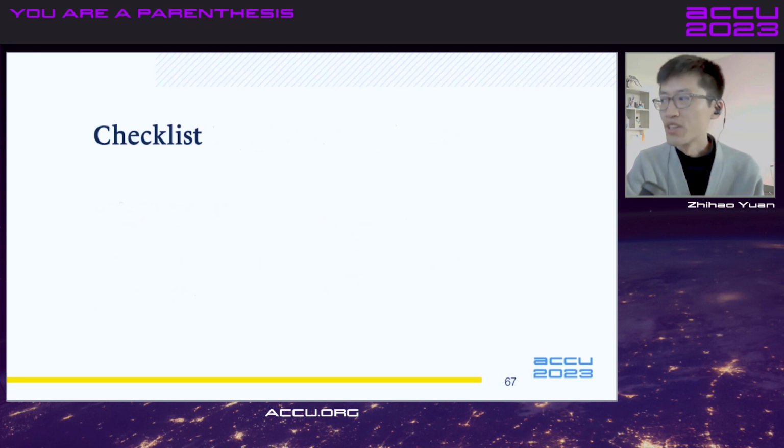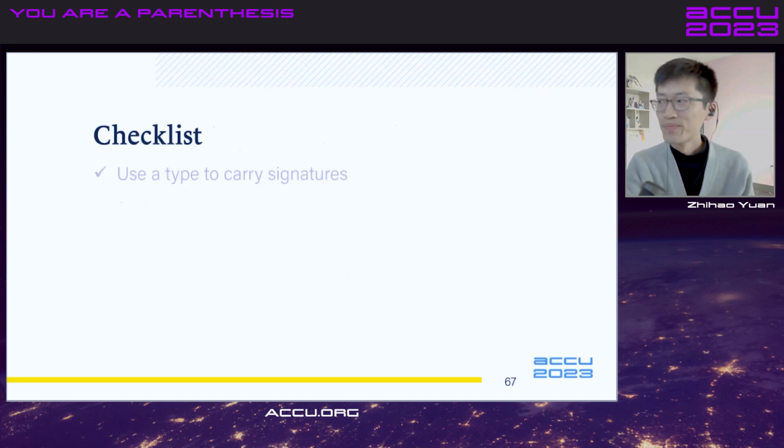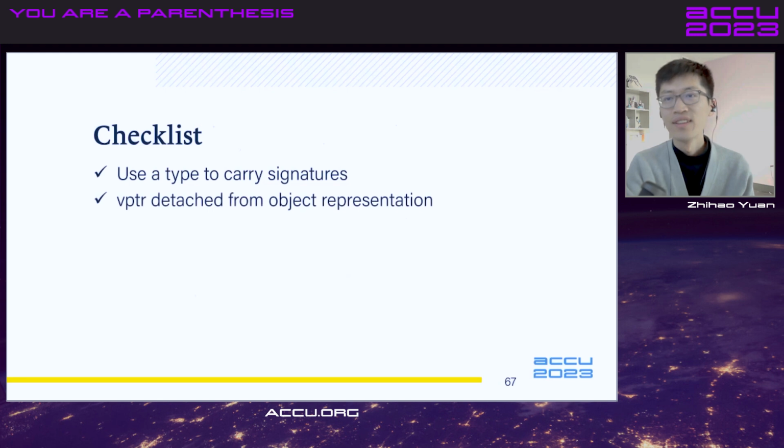So how to build something similar to Rust traits? Here's a checklist. First, you need a type to carry signatures. And then your vtable needs to be detached from the object representation. You cannot mandate that the vtable must appear as a part of the object layout.